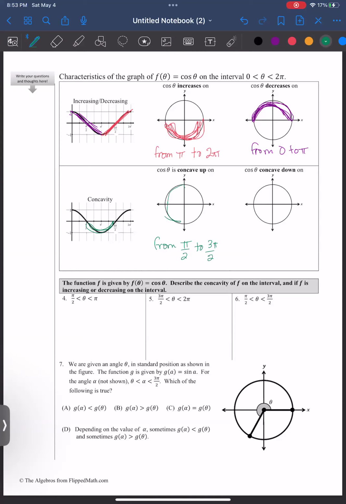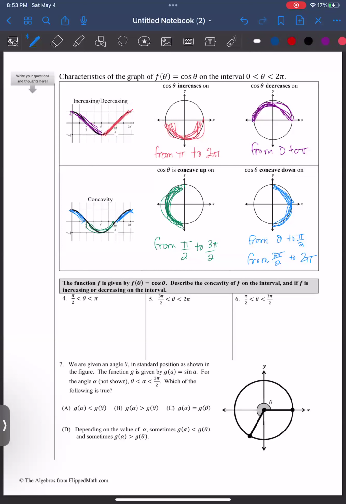So from pi over 2, concave up, while it is concave down in 2 sections. So from 0 to pi over 2, and then from 3 pi over 2 to 2 pi.